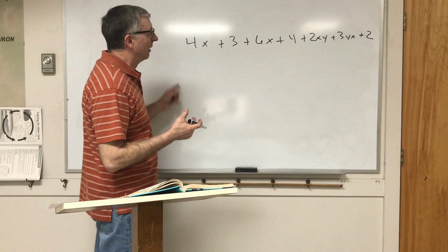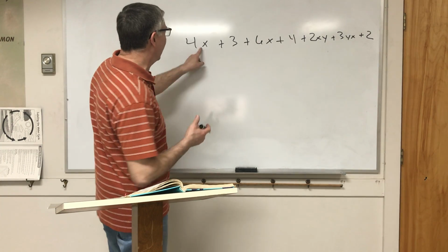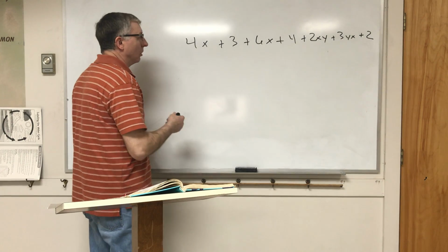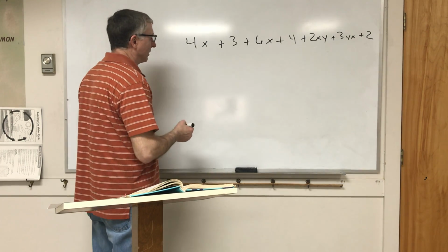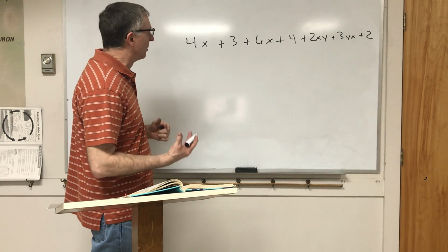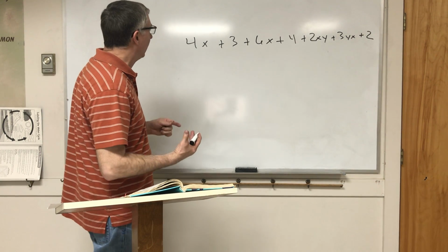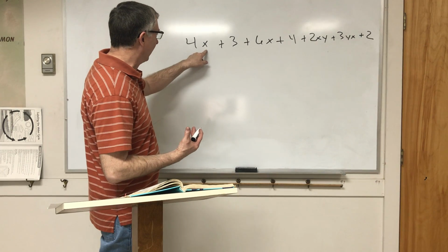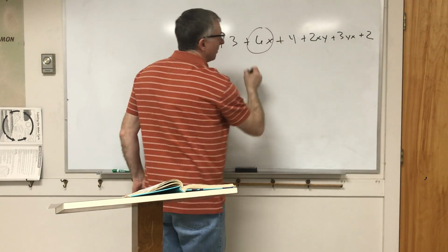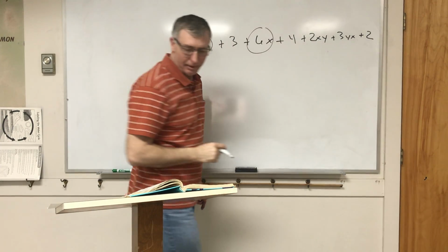And so the letters here that are used, I see an X and I see a Y. And so let's just choose the X's. And so let's look at all the terms that are like, but they would just have an X. And so I have this one, and this one, and that's it.